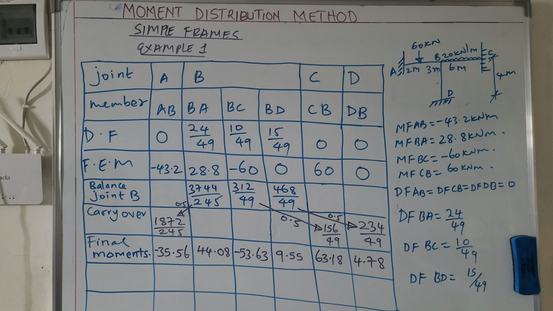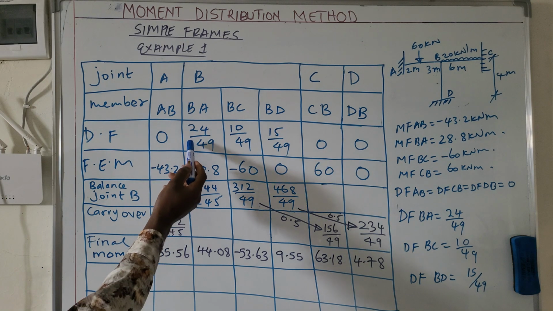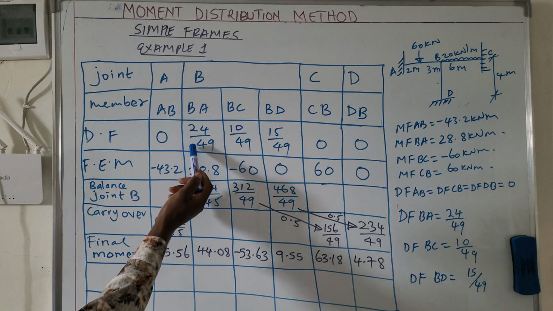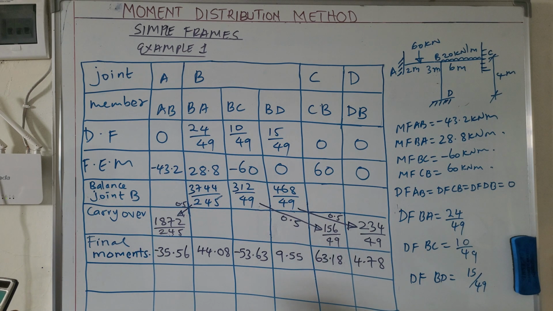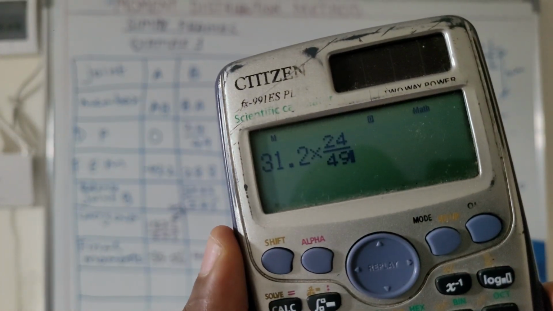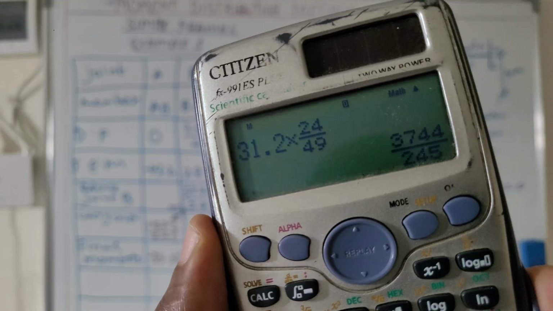For example, we begin with member BA. You take 24 over 49 times 31.2. Let me show you. And then the equal sign.